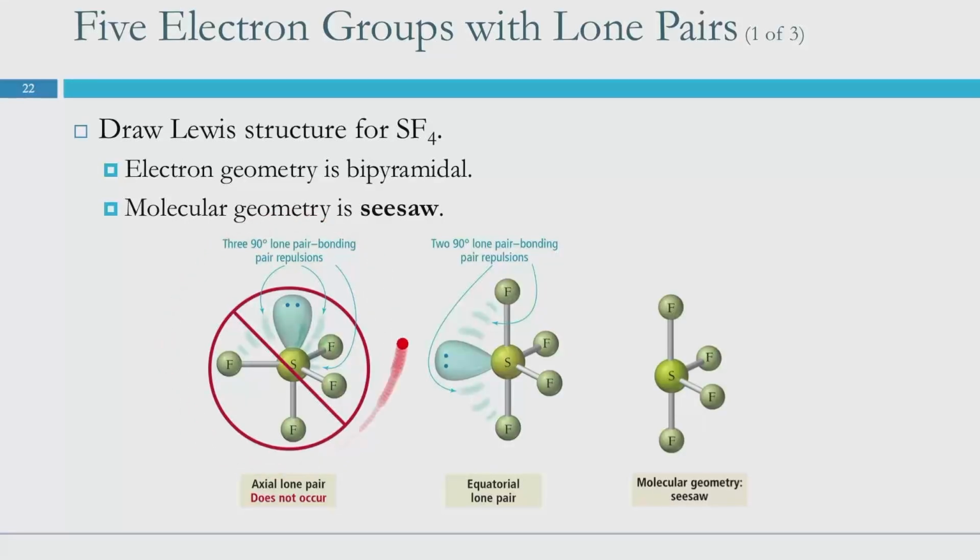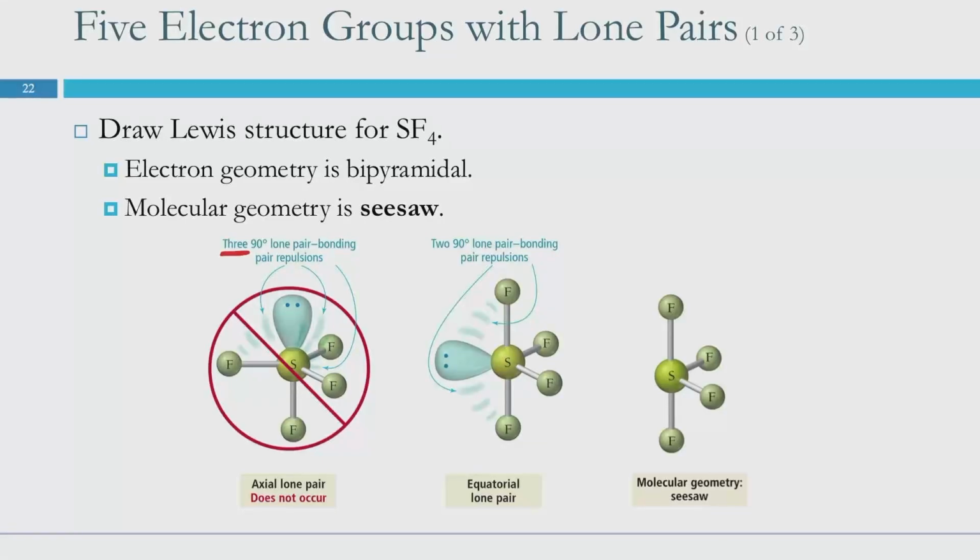So one of the options that you could come up with for how to put this together, before we get to the molecular geometry, just looking at the electron geometry, is you could put the lone pair in one of the axial positions. The problem with putting it in the axial position is that you've got 90-degree interactions between the lone pair and the equatorial positions. And 90 degrees is our smallest angle that we typically see, and that's very unfavorable.